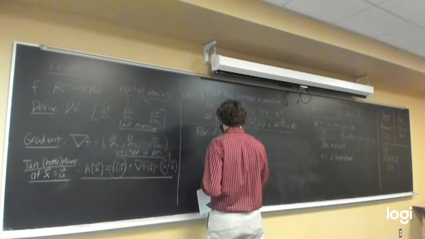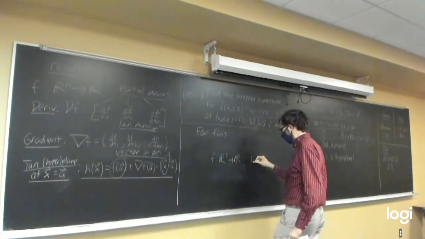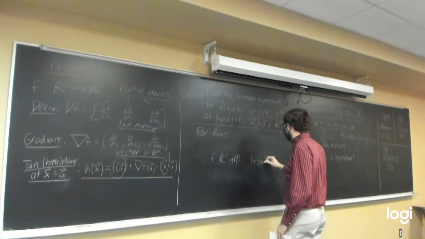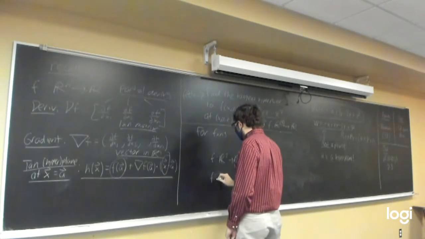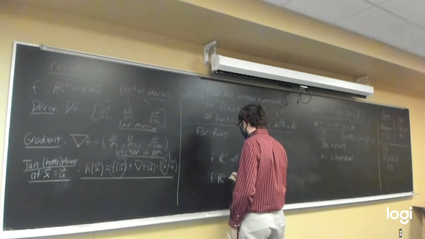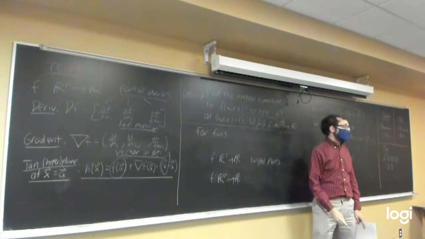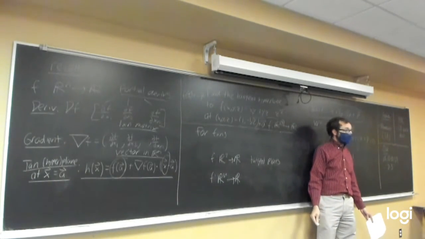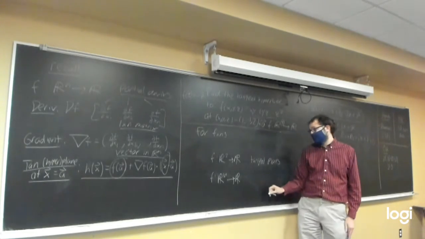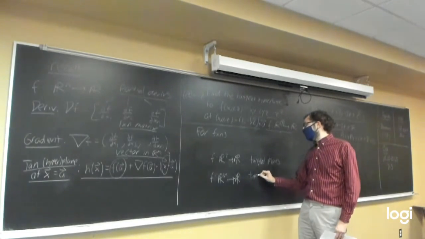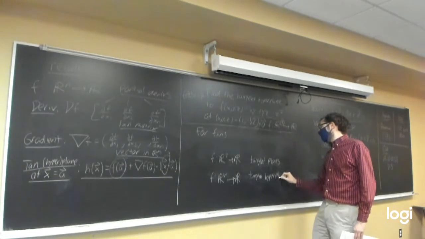f going from R2 to R, we'll get tangent planes. We'll talk about planes being tangent to a function. For functions going from R3 to R, and I'll write it as R3 plus because this also is what you would call something from R4 to R or from R5 to R, etc., you talk about having tangent hyperplanes instead.